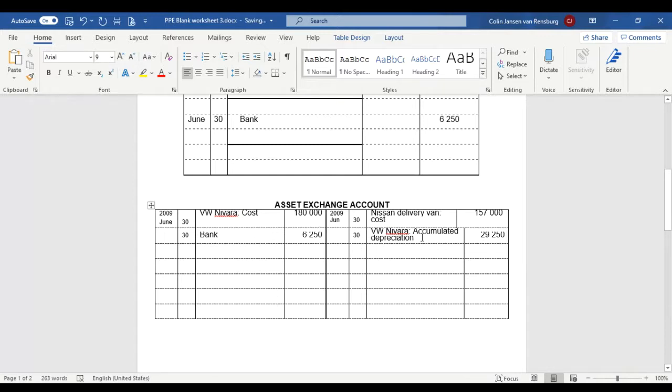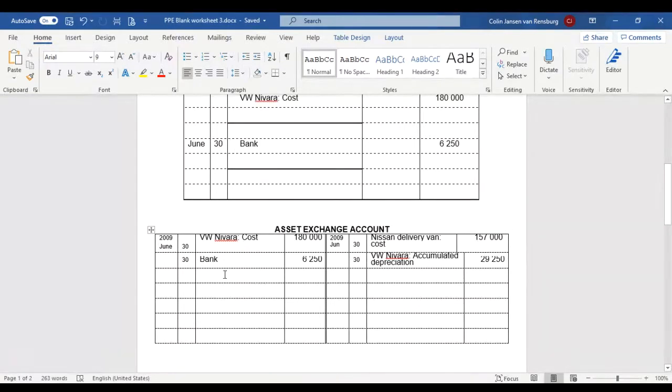So this account already balances. So it's now just a question of closing it off. If we needed a debit or a credit to make this balance, remember, it then will not be a balance that you carry forward. It'll either be a profit or loss on the exchange of the assets.